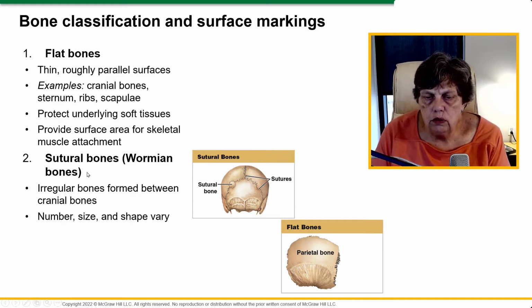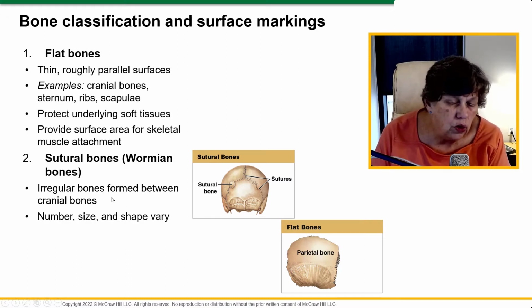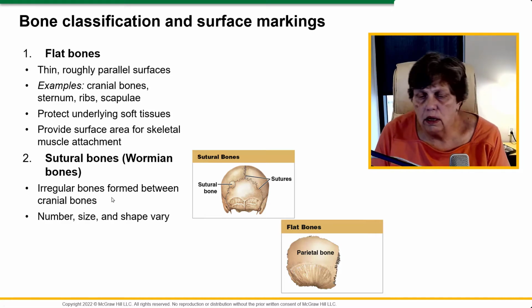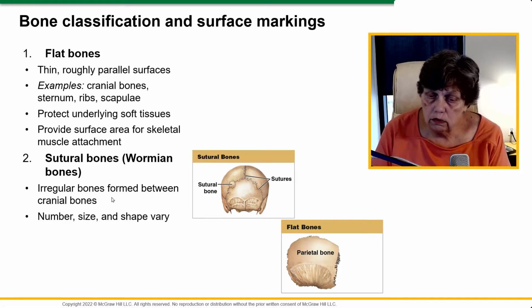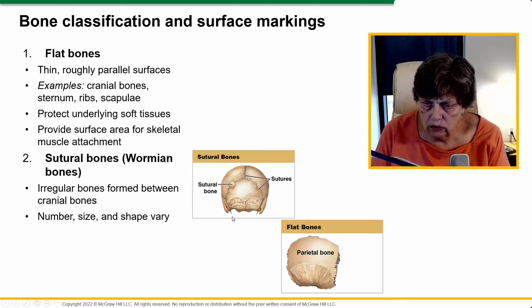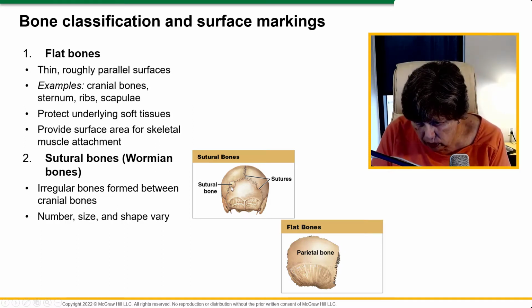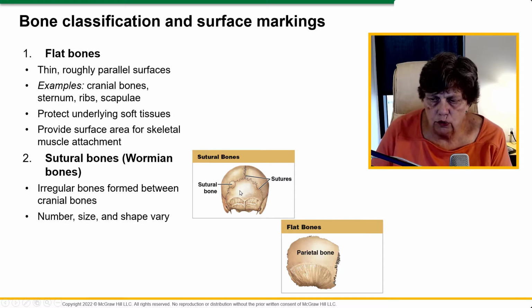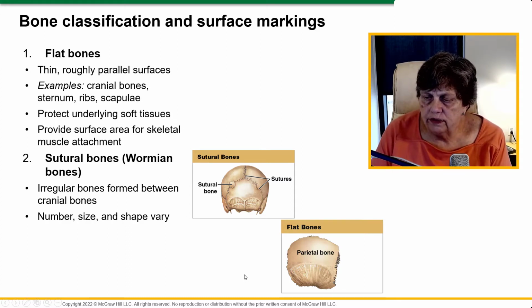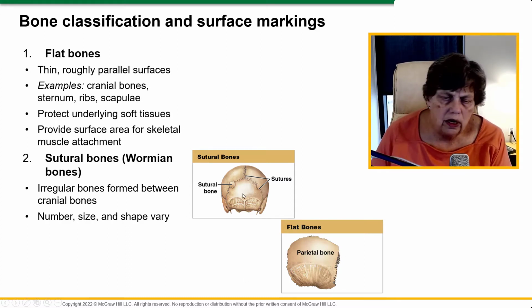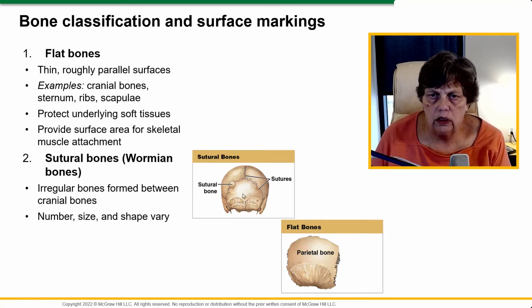The sutural bones are irregular bones that are formed between the cranial bones. It depends on the person, the size, the number, the shape, but you can see it right here in between these two bones. So you can see the flat bone, and again, we're going to go into the lab and really look at these.